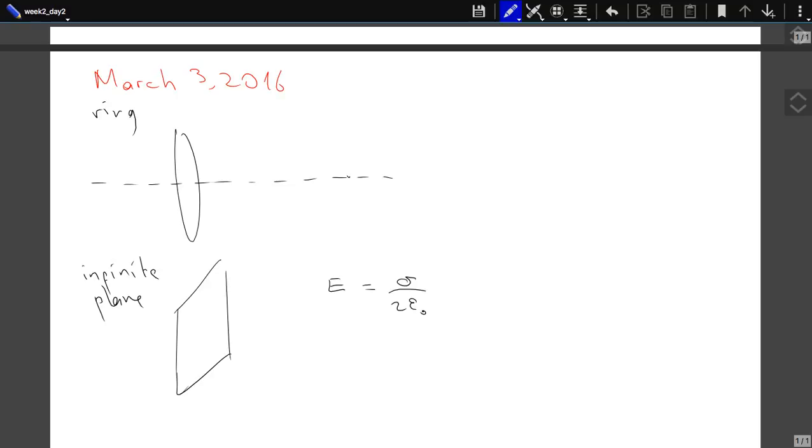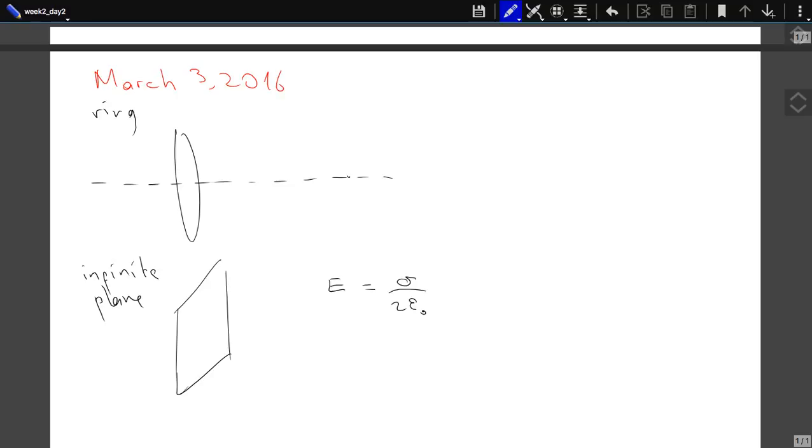So let's see, what is the electric field at this point? We know the superposition principle, so there are 2 charges creating an electric field at that point. The total electric field will be just the sum of the electric field of the 2Q charge plus the electric field of the minus Q charge.